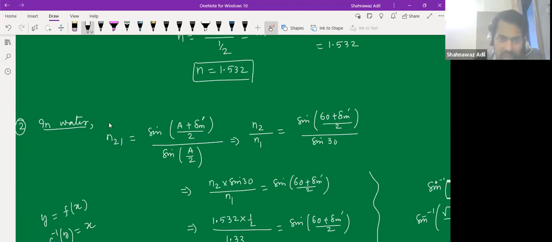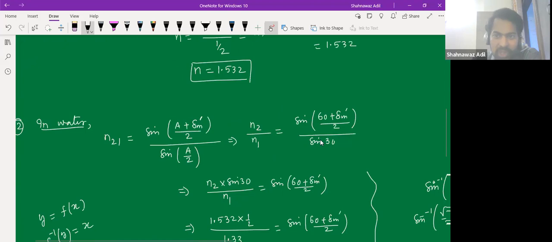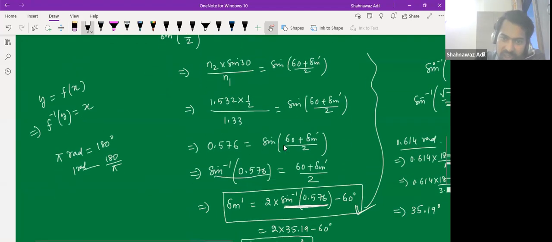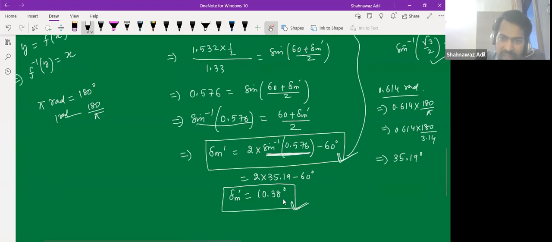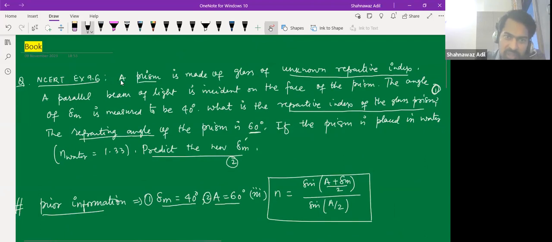If we put this prism in water, then the minimum deviation angle will change. So this would be the new minimum angle of deviation, and we just put all those values and got this value. This was the homework, and this was the question from NCERT 9.6. Is this clear, everyone?